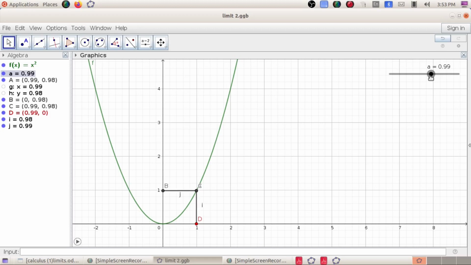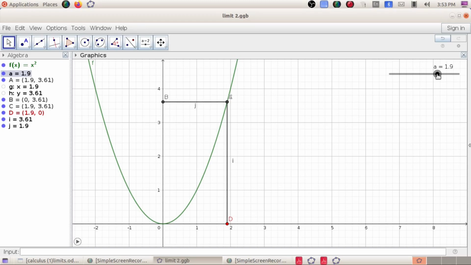Here we can see that the variable x is represented on the x-axis and the variable y is represented on the y-axis. The variable x, the value is tending to 2. That means here the value of x is 1.4, 1.6, 1.75, etc., 1.9.